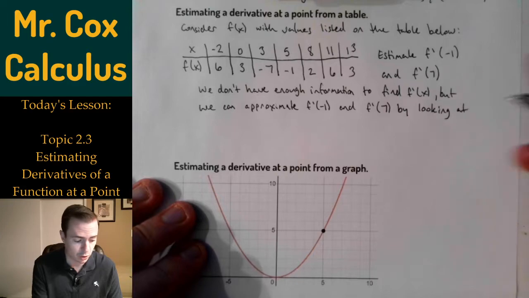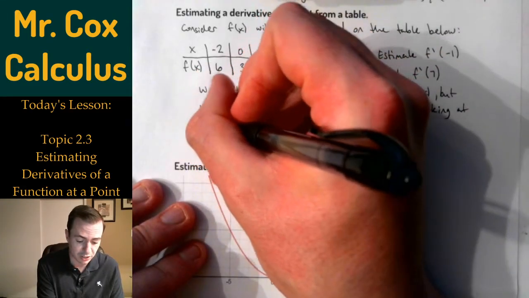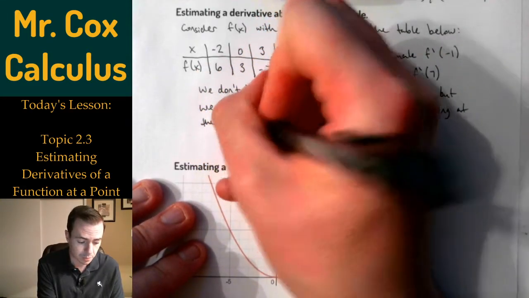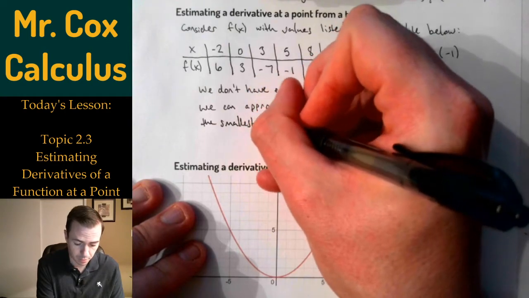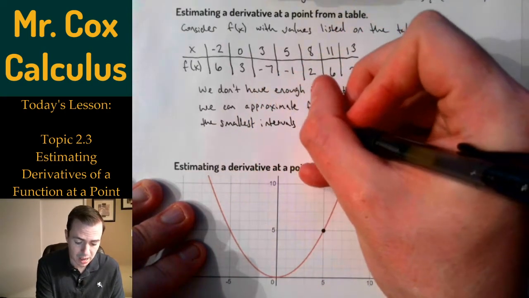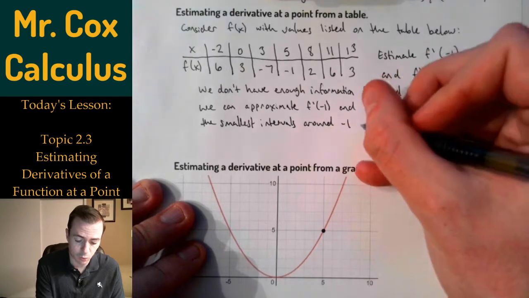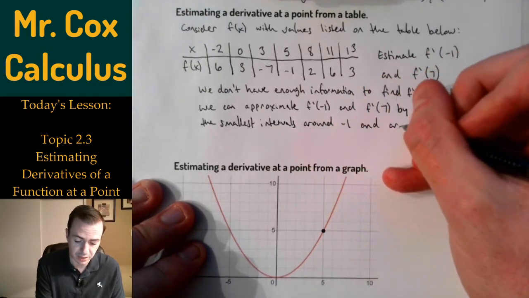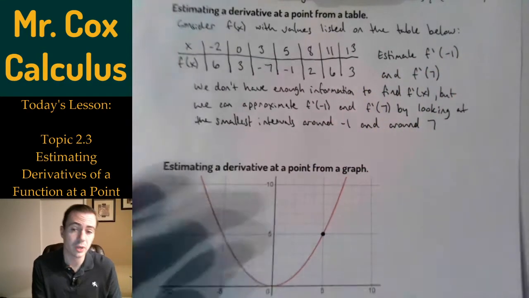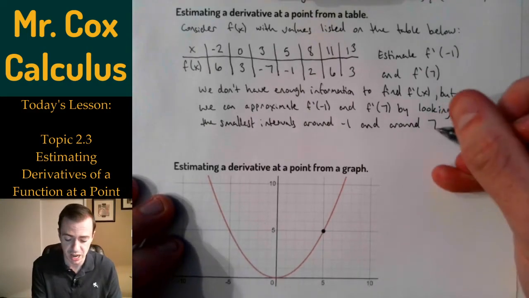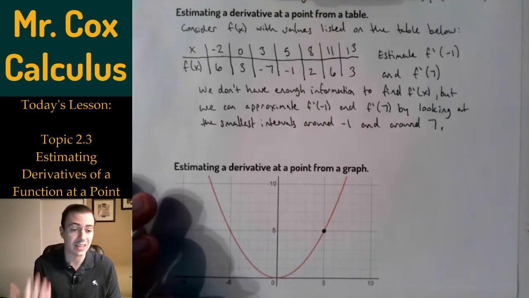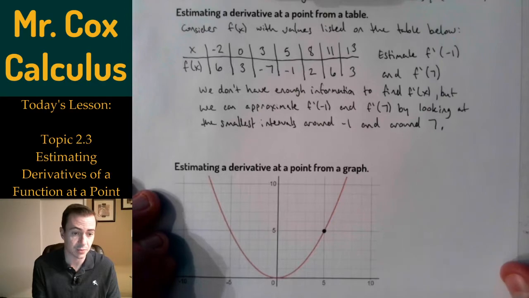So we'll be looking at the smallest intervals around -1 and around 7, and looking at the average rate of change over that interval as an estimation for the instantaneous rate of change.